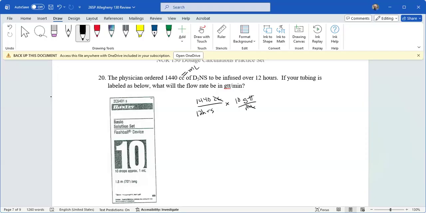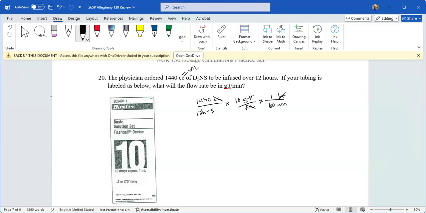Now, let's say I'm going to do this the long way. Before I solve this, if I'm stuck and I can't remember what to do with those hours, I'm going to get rid of hours and convert it to minutes.